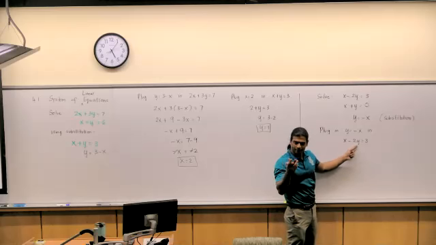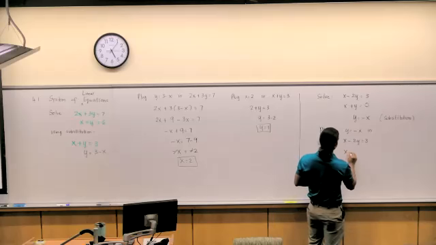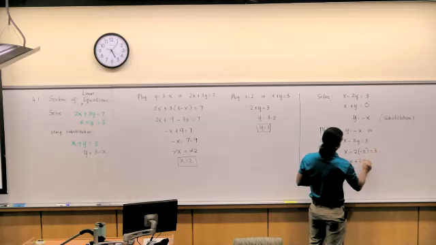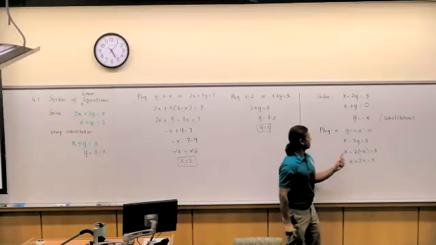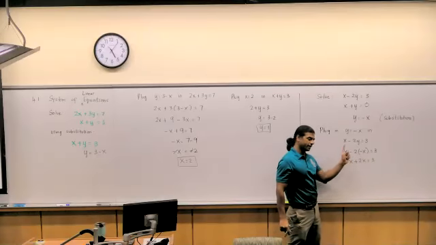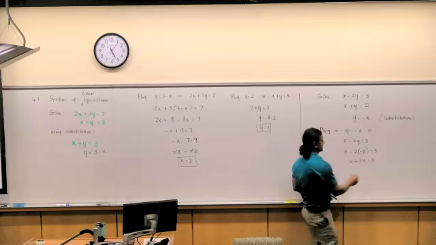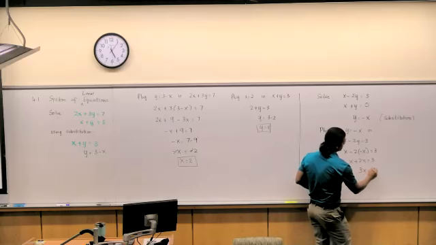For y, we've got to substitute negative x, so make sure you put parentheses. So x plus 2x, minus times minus is plus. So 3x would be equal to 3.